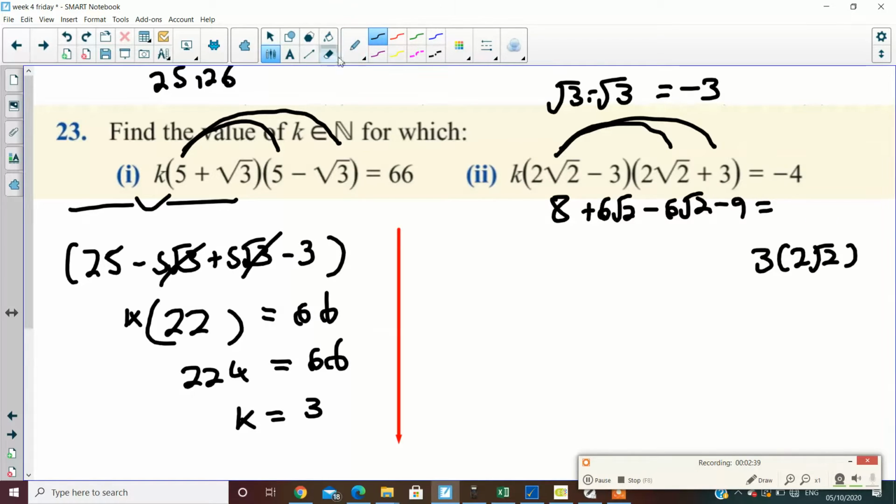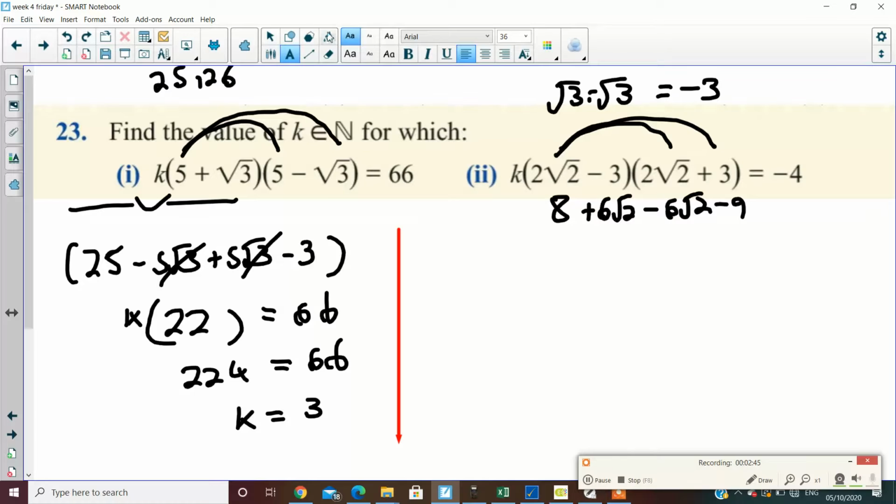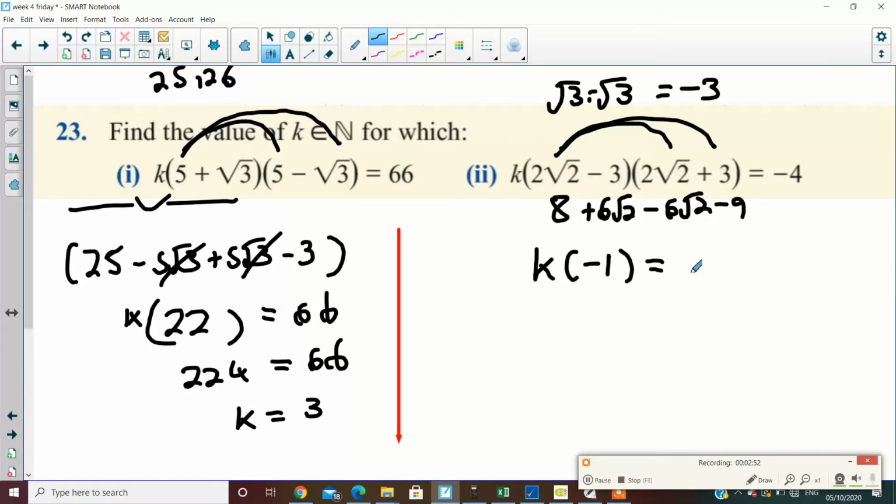Now, what happens to those things in the brackets then? Cancel, yeah. And 8 take away 9. Divide minus 4 by minus 1, and what do you get? K equals 4. All right.